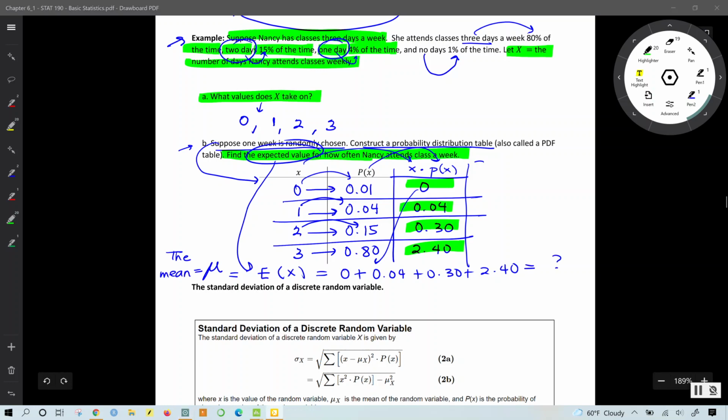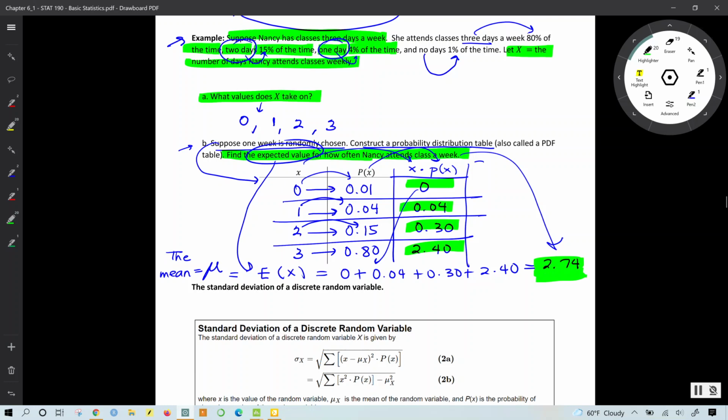That will be equal to 2.74. So it follows that we expect that if Nancy continues to attend classes frequently, continuously over and over again, on average, she will attend classes about 2.74 times a week.